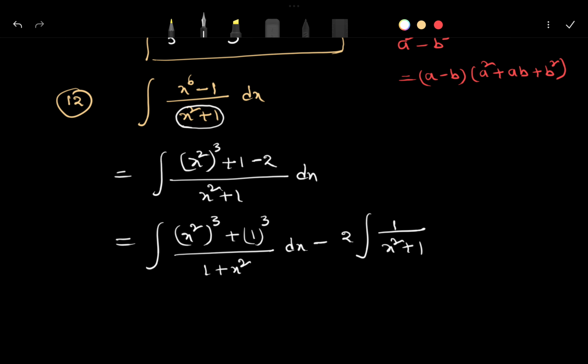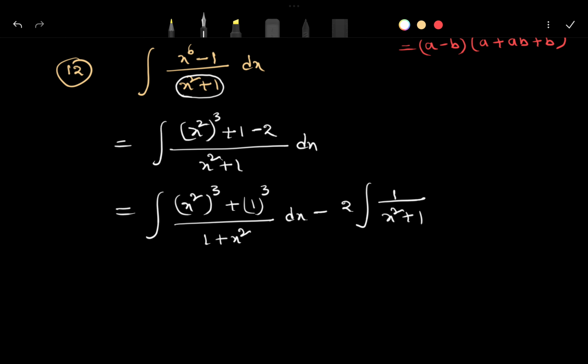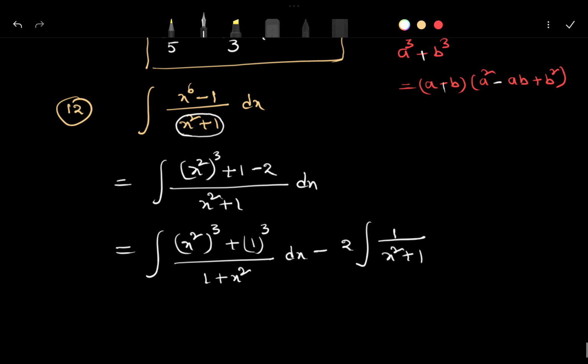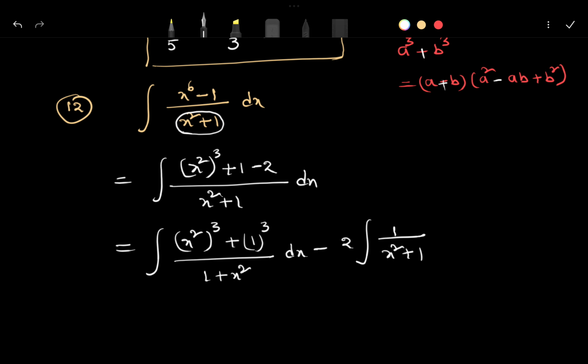So to get that x square plus 1, you convert in terms of a cube plus b cube. What is the a cube plus b cube formula? It is (a plus b) into (a square minus ab plus b square). So here is a plus b.